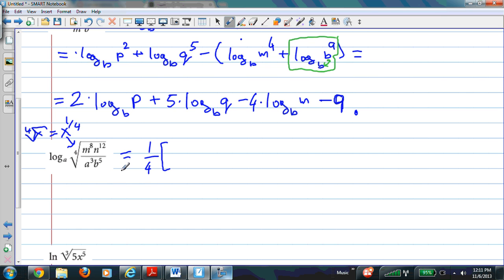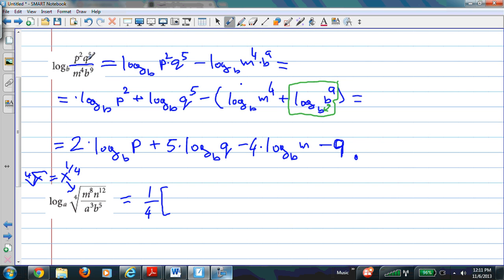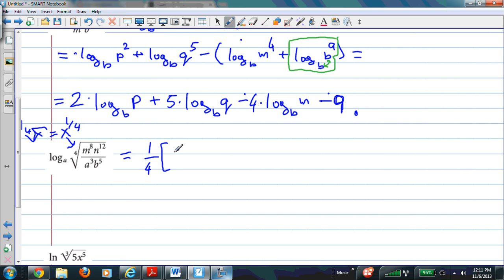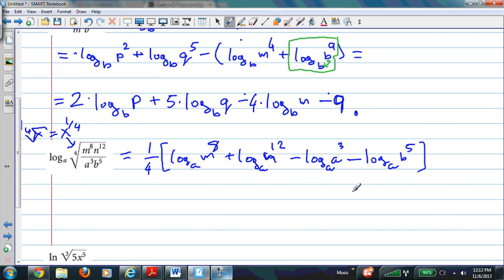And I'm actually going to start skipping steps here because, again, if I take the rule that I told you earlier about, that everything in the numerator will end up with a plus and everything in the denominator will end up with a minus, I can actually go ahead and break down this fraction into log base a of m to the power 8 plus log base a of n to the power 12 minus log base a of a cubed minus log base a of b to the power 5. So you see what I did?